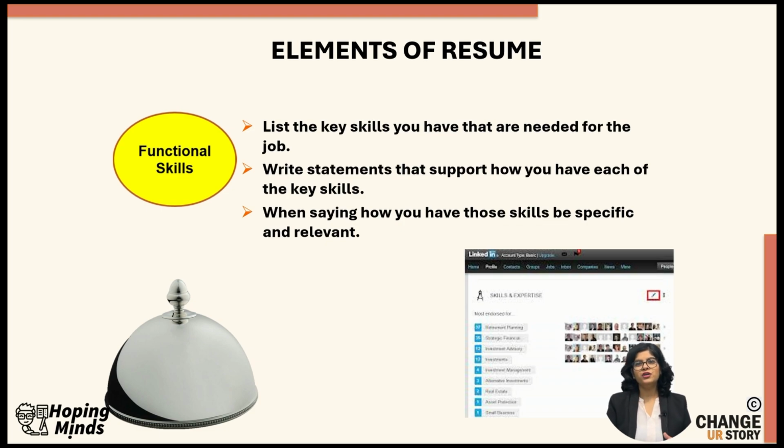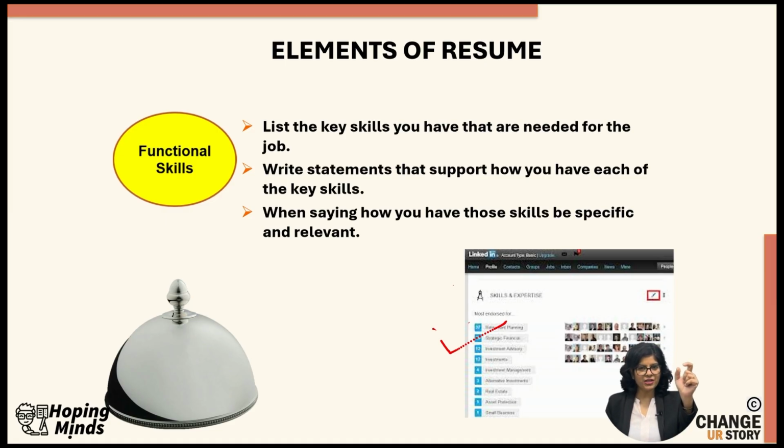So there are two ways to talk about skills. One is that you make a laundry list, like you see on LinkedIn, just in the picture below you can see, right? This is a LinkedIn snapshot, where skills are just listed out. The other way of writing skills is you mention the skill and you write one line on what you have done to acquire that skill. Now you tell me, when you write that one statement, would it not look more real, more concrete?